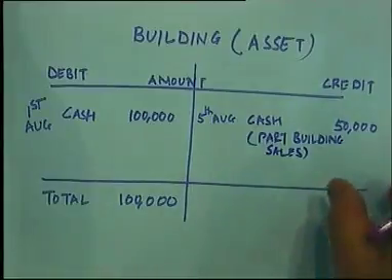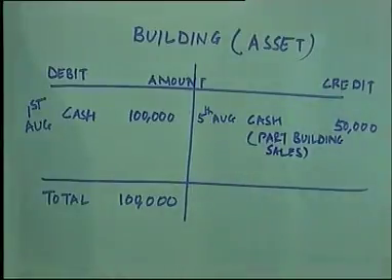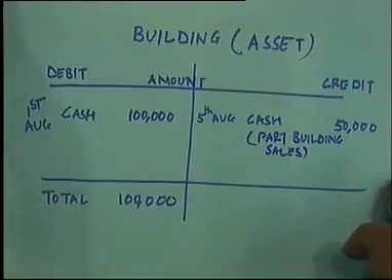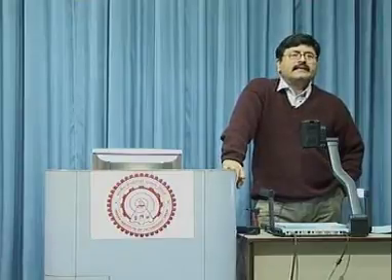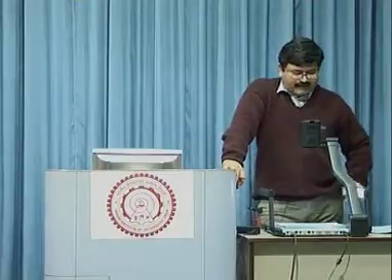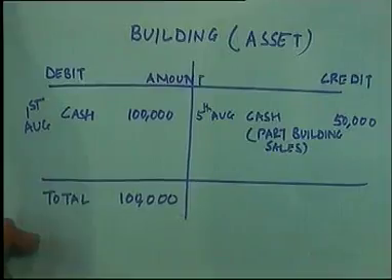And the total of this credit side becomes 50,000. I will tell you how to balance them. But before this, we want to transfer all our cash book transactions as well as journal transactions into different T accounts. So, likewise, I will just show you how for other things the T accounts have been made.